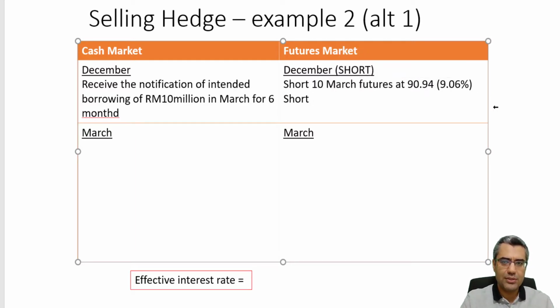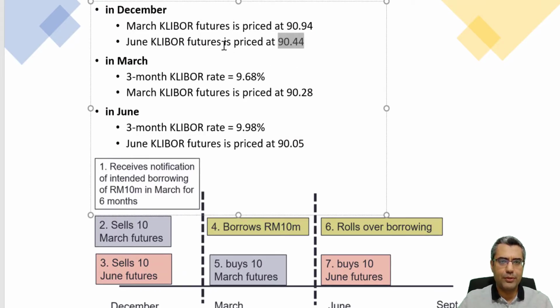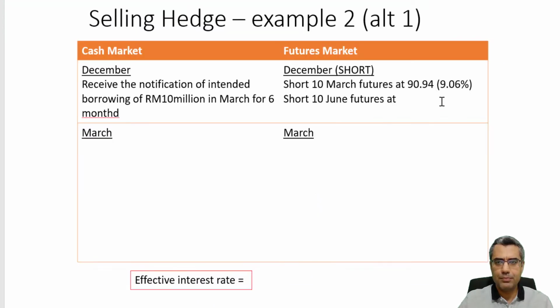Then I short 10 June futures at what price? 90.44. In December, the price of the June futures contract is given. So 100 minus 90.44 is 9.56%.